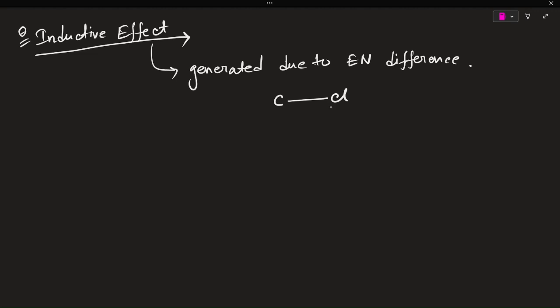This chlorine has more electronegativity than the carbon, so it pulls the bonded electrons toward it. Oppositely, we can say the carbon atom is more electropositive than chlorine, so the carbon atom pushes the bonded electrons toward chlorine. This effect is called the inductive effect.